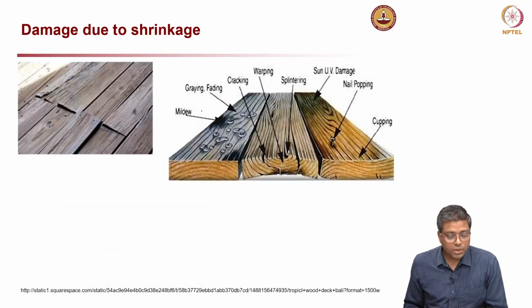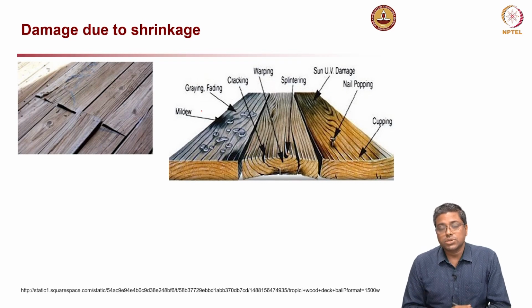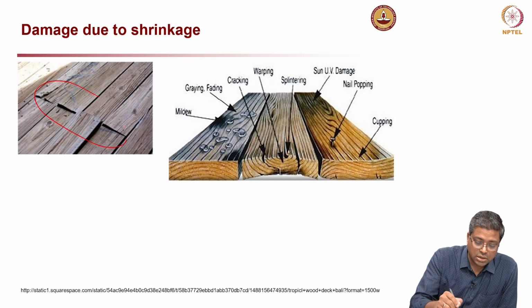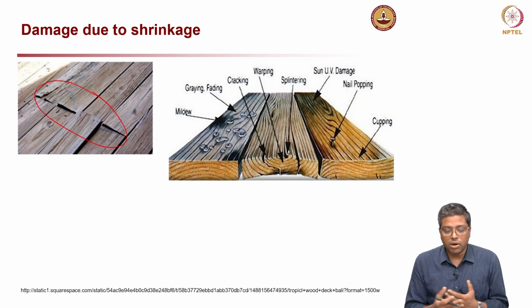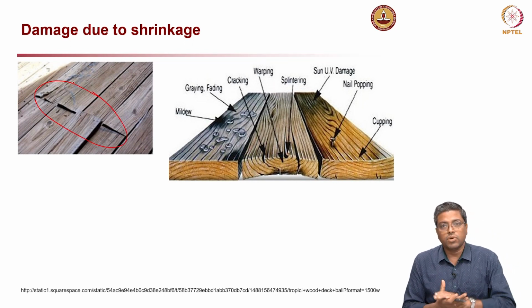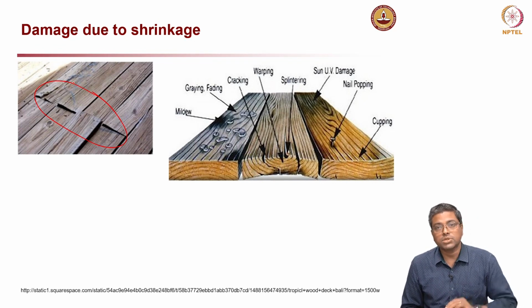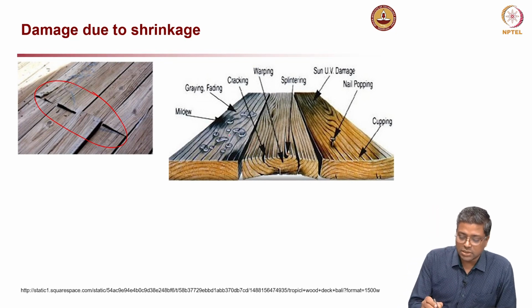Now, damage due to shrinkage. On the left image, you can see pop outs. If you have ever been to places where timber is used for flooring, you will see these kinds of problems because of warping.